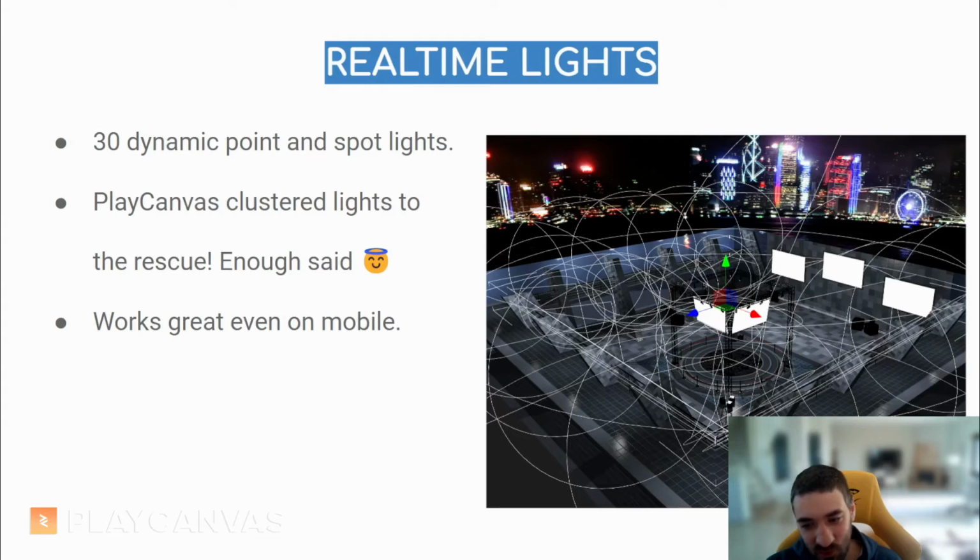And here we use one of the most important features that PlayCanvas has released recently, that is cluster lights, because otherwise there is no chance you can have that many dynamic point and spotlights in your scene. I would say that the maximum normally is 2 or 3 at the same moment, but in this case we have 30, which are rendered on runtime. They cast lights, and some of them even cast shadows. It works great even on mobile.